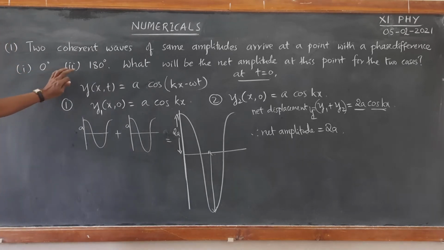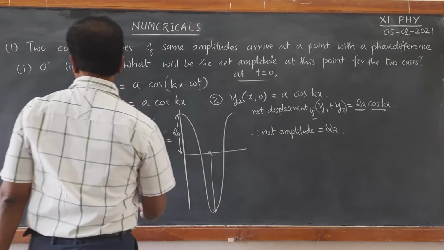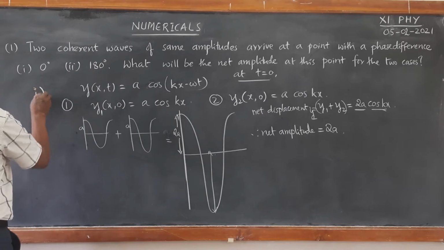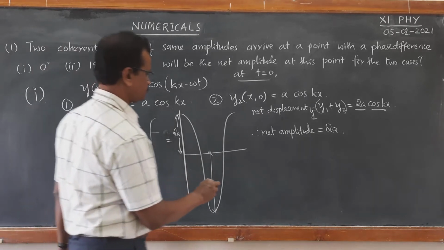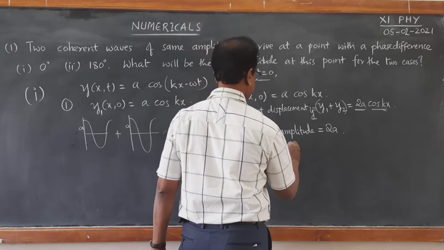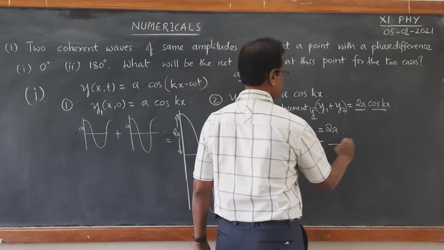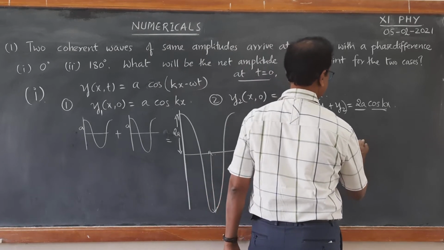In the second case, what is happening? The waves are out of phase. So this is the first part. Now I am writing the second part. Now the phase difference is equal to 180 degree, that is equal to pi.